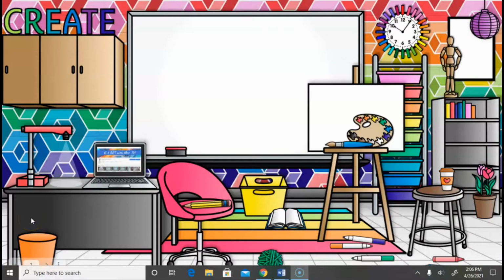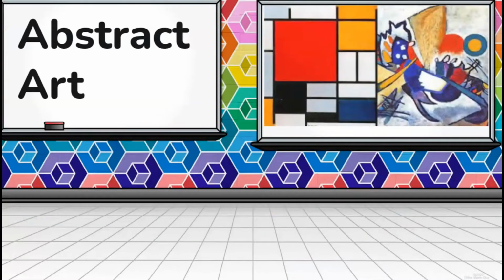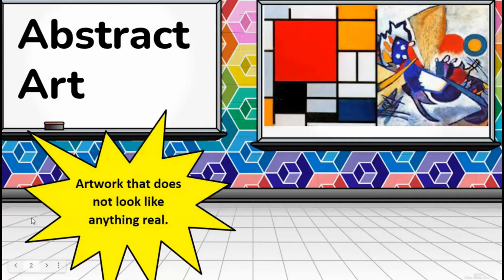For this lesson, we are going to talk about abstract art and the principle of pattern. Abstract art, you may remember from kindergarten and first grade art, is artwork that does not look like anything real. If we look at these two artworks, we can't recognize a person or a place or objects.